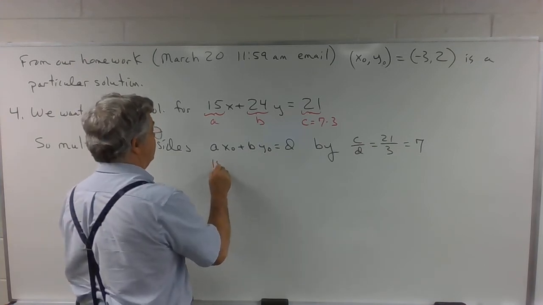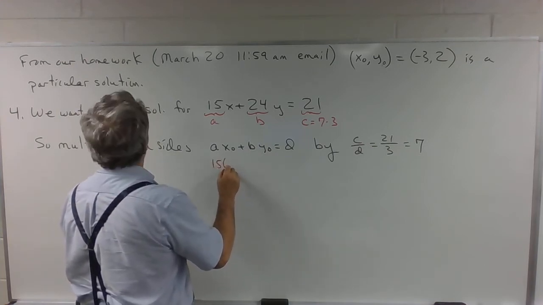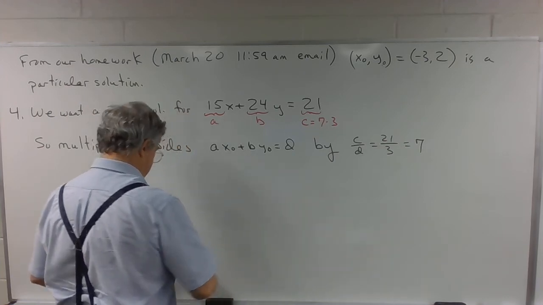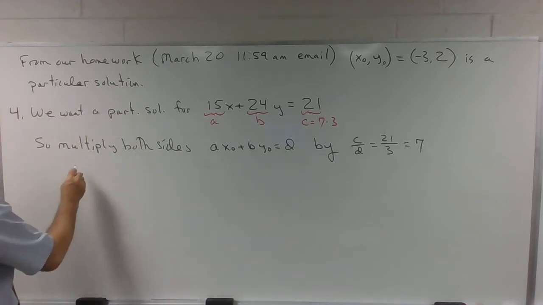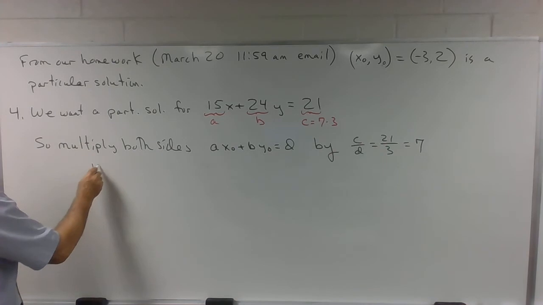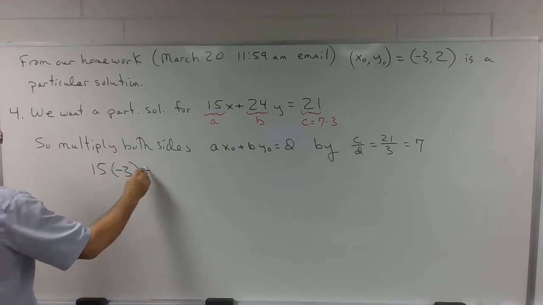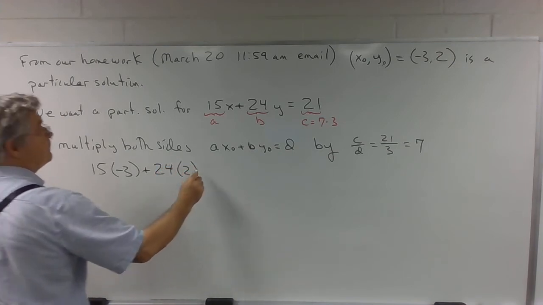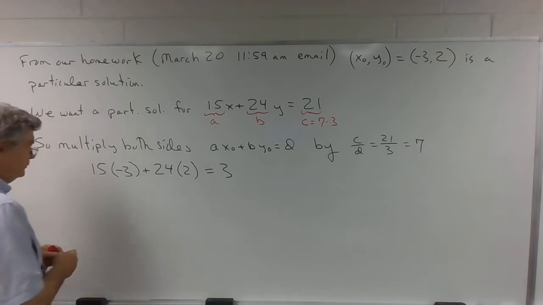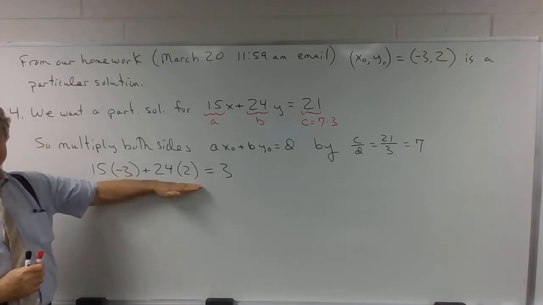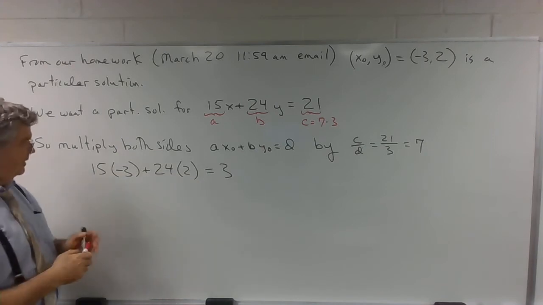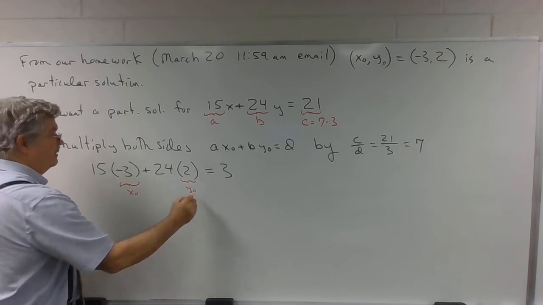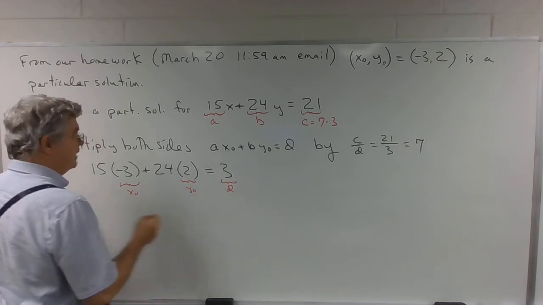Let's see. 15 times, what is x naught? Negative 3. And I'll just write that out large. We have a particular solution for this equation. Here's our x naught, here's our y naught, and here's d, the greatest common divisor of a and b.